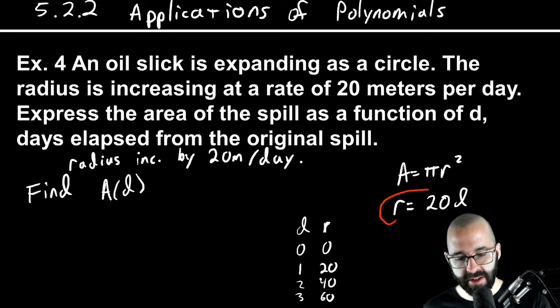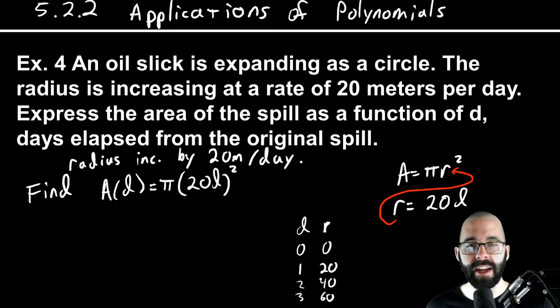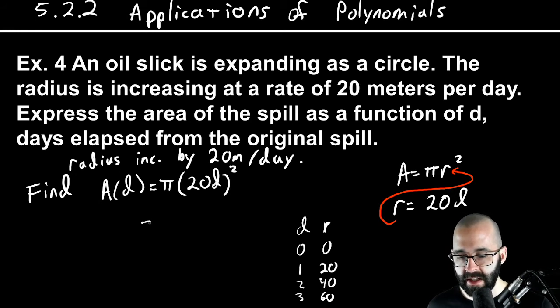Okay, so how do we answer? Well, just plug this in. So area is pi times the radius squared. What's our radius? 20 times the number of days. And that's our unsimplified answer. To simplify it, we have to square this whole thing. Remember that, what is this? This is 20d times 20d.